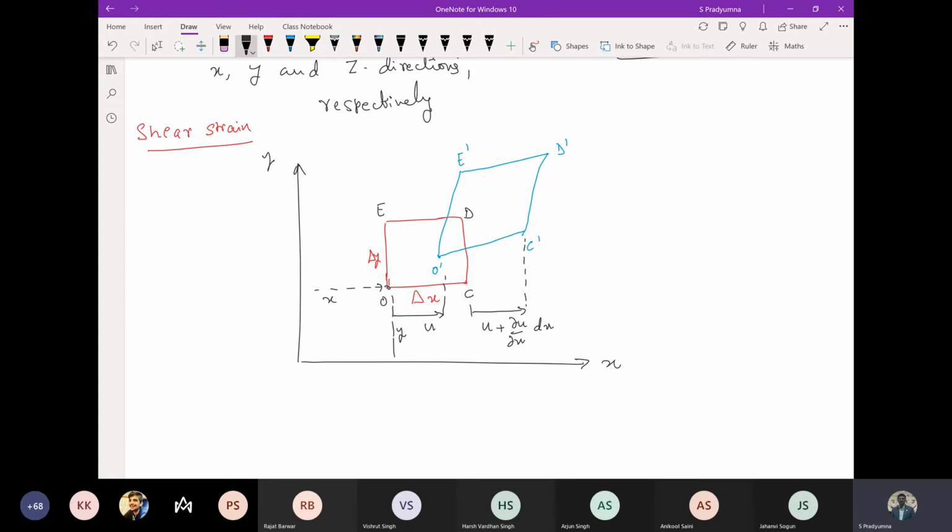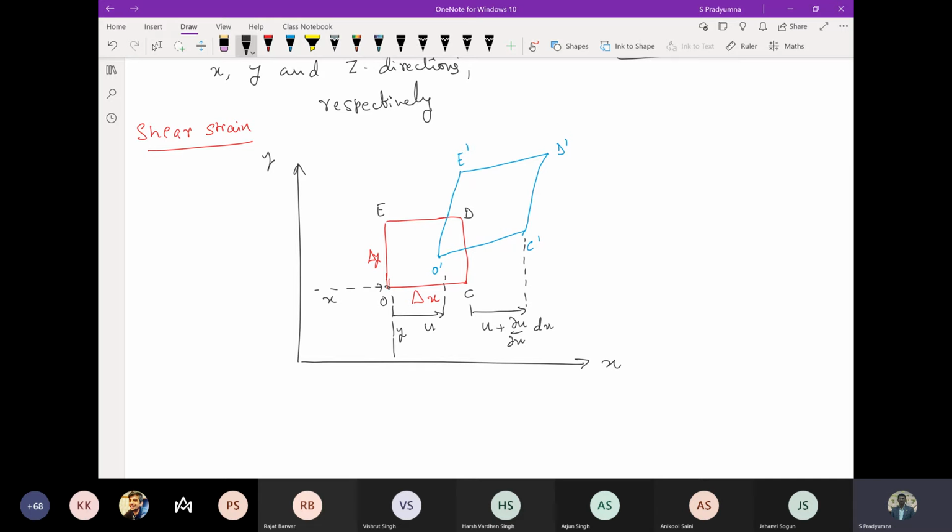You should understand that u is the displacement of point O to O dash along the x direction. Point C is actually deformed internally and goes to C dash. The displacement is not u because it's not a rigid body. There is some incremental change from point O to point C because of the internal deformation. So that change along the x direction is written as u plus del u by del x into dx. So this is the change.